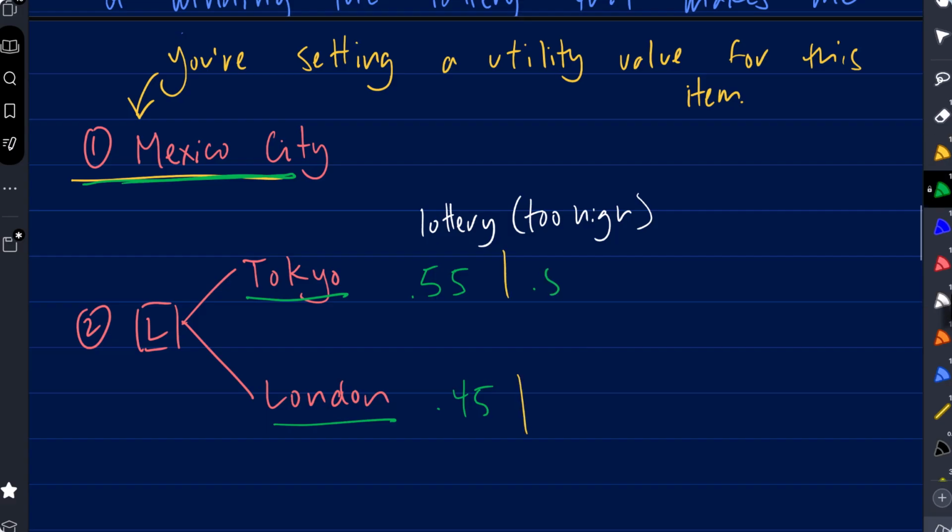So I can try a 50-50 chance. Still, for me, London's not actually a bad outcome. I'd be satisfied with that also. So I would still take the lottery. Put an L there.